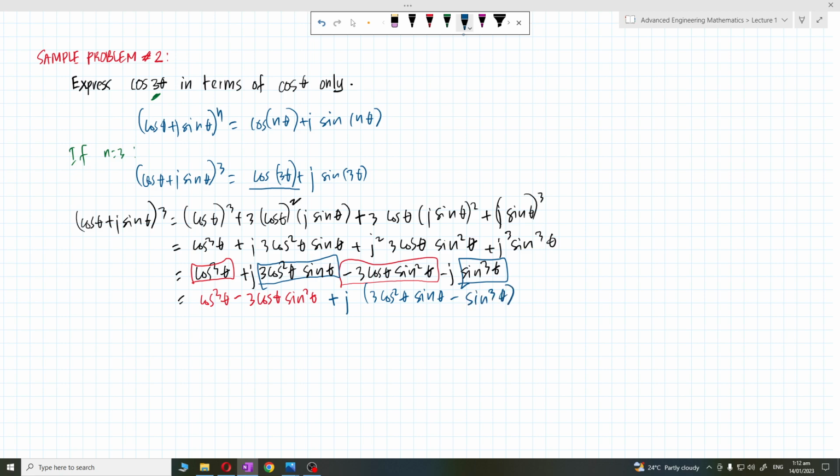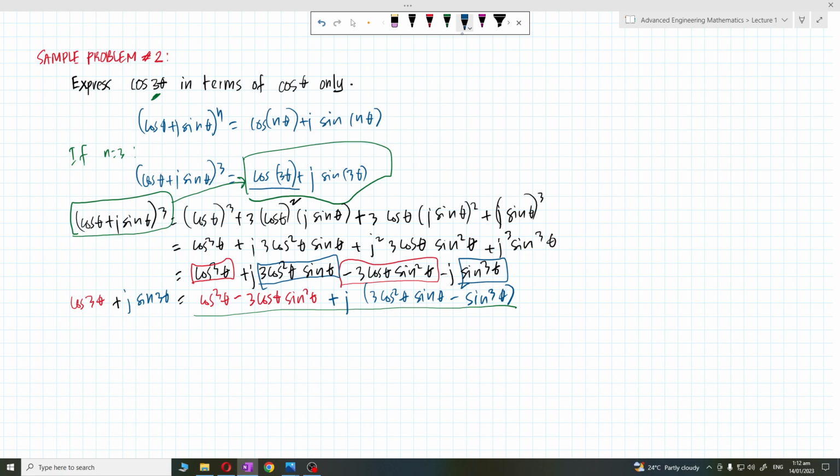Now, what is this? The cube of cosine plus j sine is the same as cosine 3 theta plus j sine 3 theta. So that means this expression is the same as cosine 3 theta plus j sine of 3 theta.